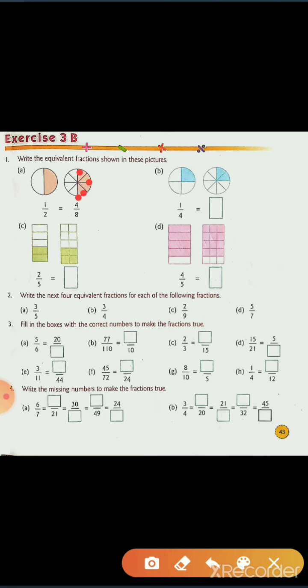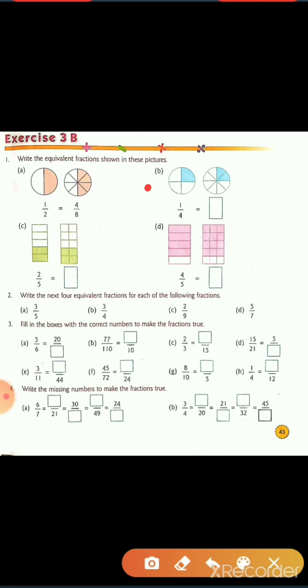So for this circle, the fraction is 4/8. But here the portion is the same. Only the number of parts is more as compared to the first circle, but the region is the same. We can see, so these are equivalent fractions, 1/2 and 4/8.